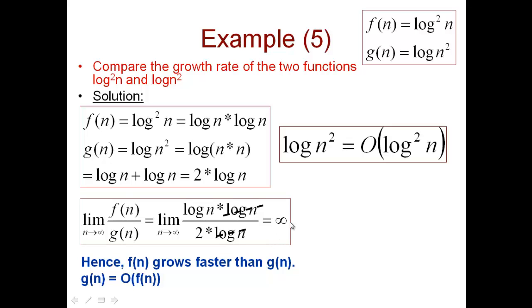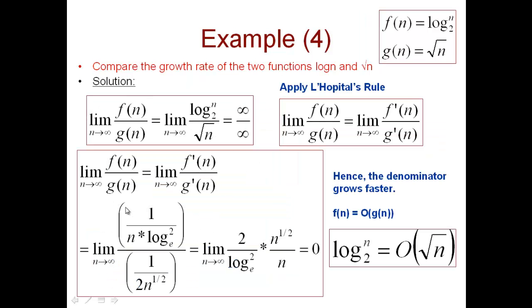So you have two functions, f of n over g of n, and the ratio has come out to be infinity. That means they are not growing at the same rate. It's not a constant other than 0. It's infinity. So it means we have to use a big O notation. And which of the two functions grows faster? That's what we have to decide. When you get the ratio as infinity, that means the numerator is much larger than the denominator. If the denominator is much larger than the numerator, we would get 0, like we got before.